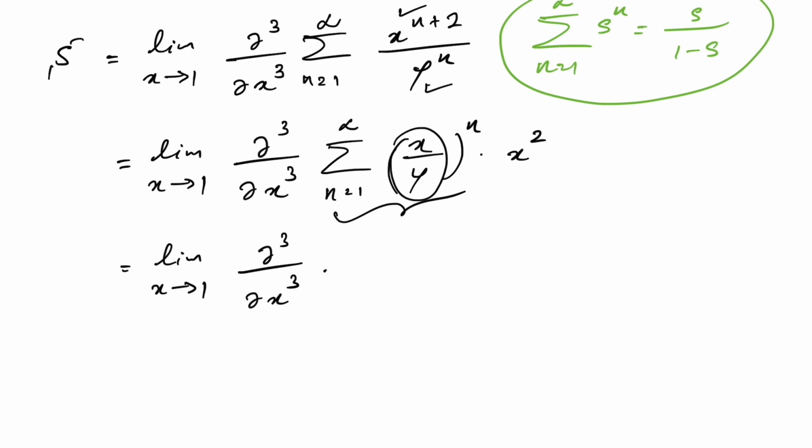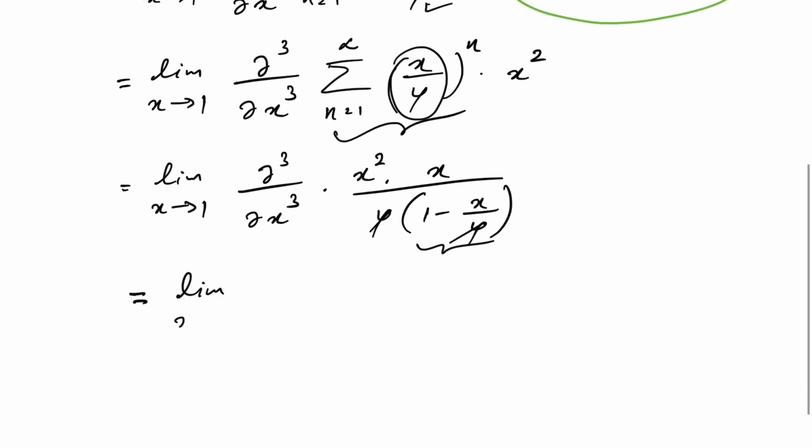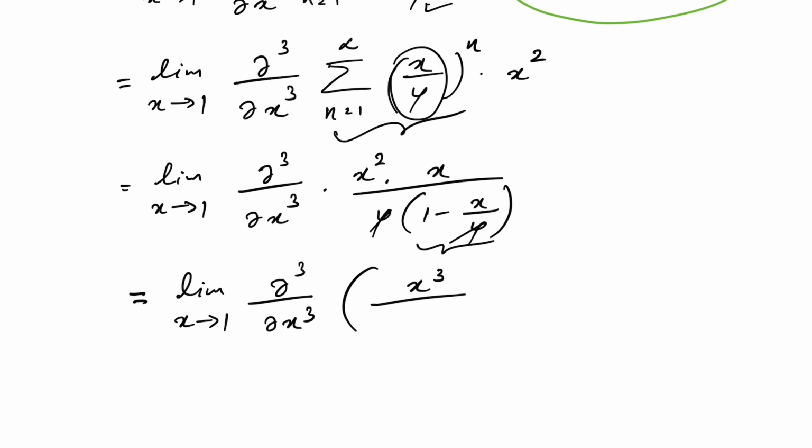So we have x squared times x over phi, over 1 minus s, where s is x over phi. If we take the common denominator, the phi gets cancelled, and we have the limit as x approaches 1 of the third order derivative of x cubed over (phi minus x).